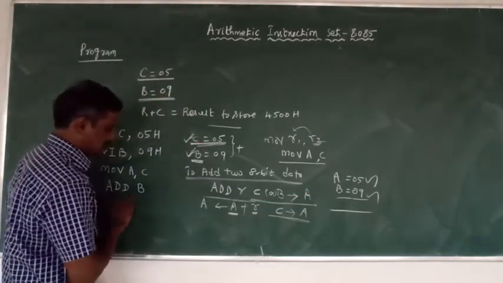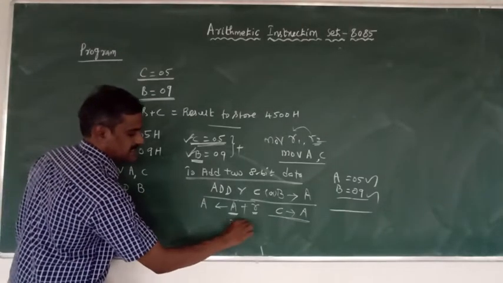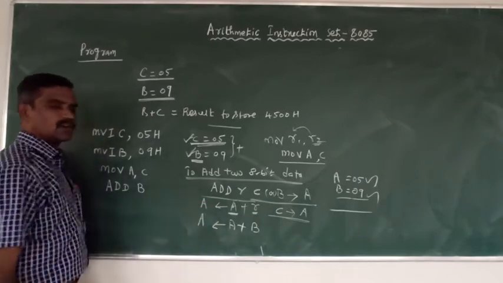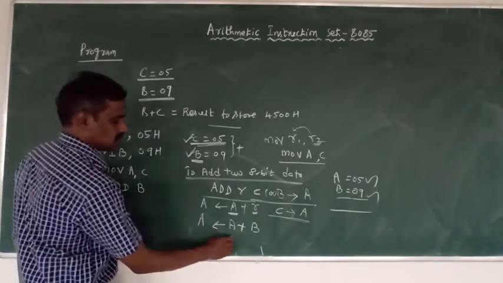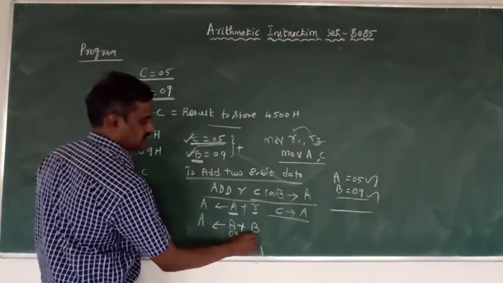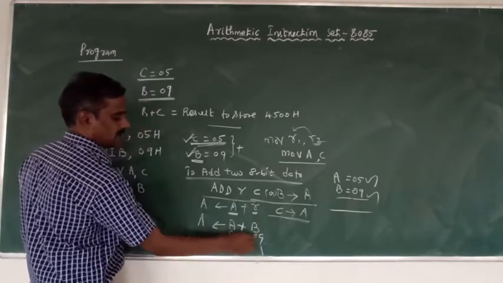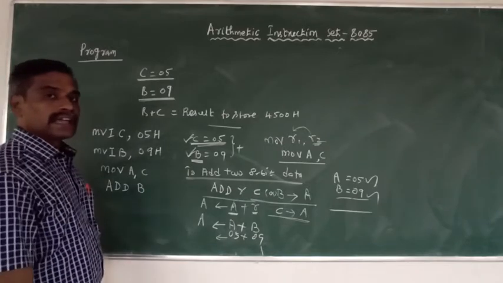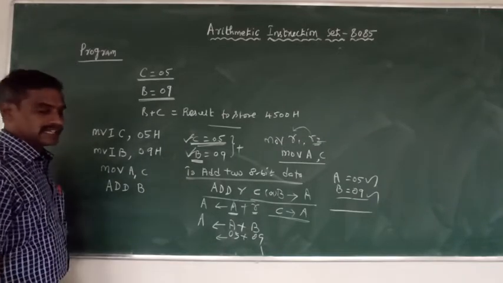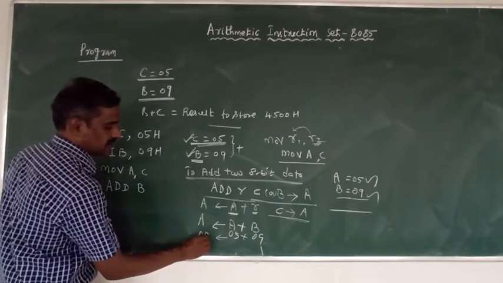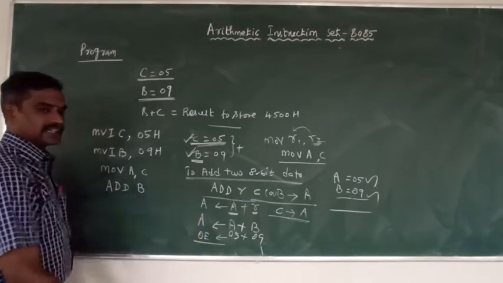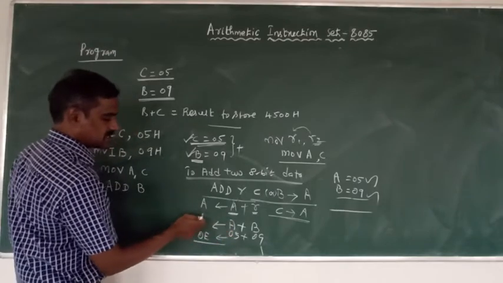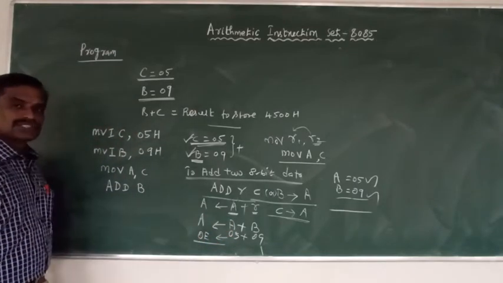The operation of ADD B means add A register data and B register data, and the result is moved to the accumulator. A register 05, B register 09. Adding these two gives 14 in decimal, the corresponding hexadecimal value 0E. 0E will be stored in the accumulator.